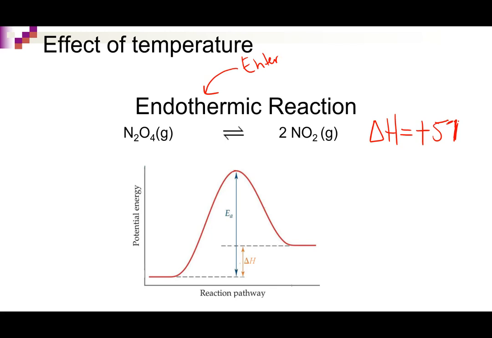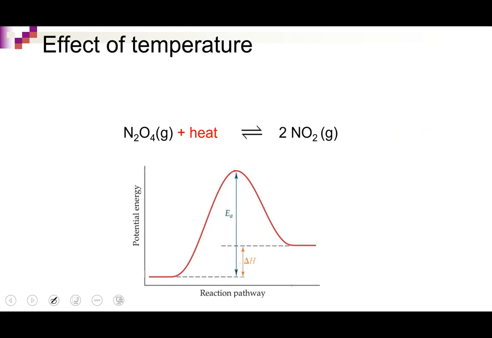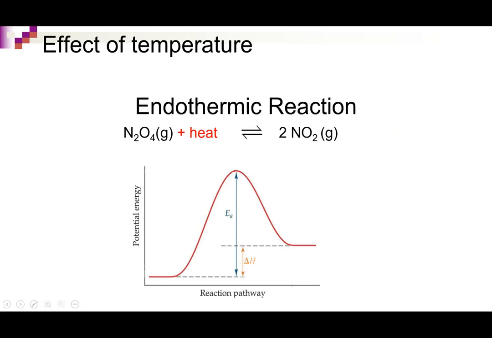So we have to put heat in to make this reaction happen. So we can think of heat as a reactant. We've got to put it in there in order for this to work, to move forward. Okay.